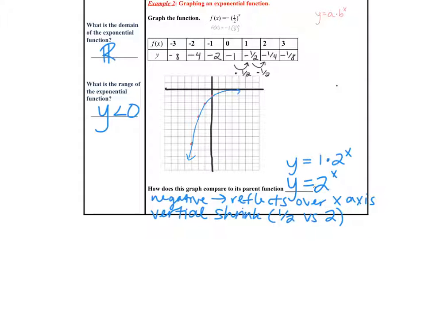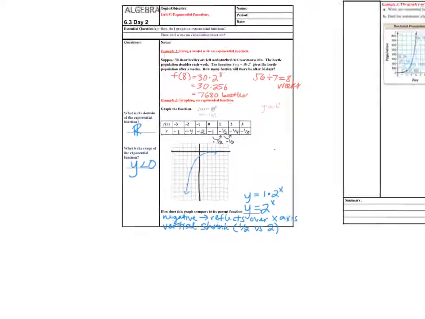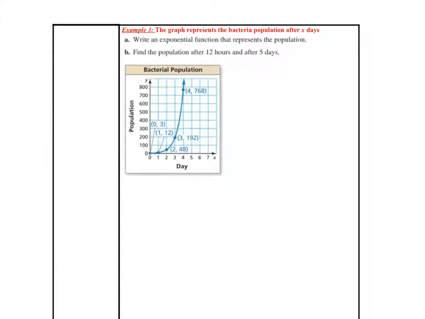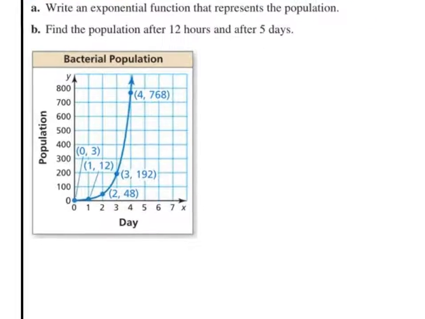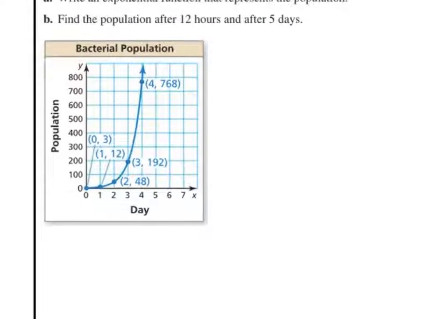Okay, we're doing one more thing, which is writing an equation from a graph. If you want to go ahead and start on that, I would start by making a table. So I'd look at my points and make a table out of the points that I see. Look at your graph and you have 5 points that have been labeled for you.